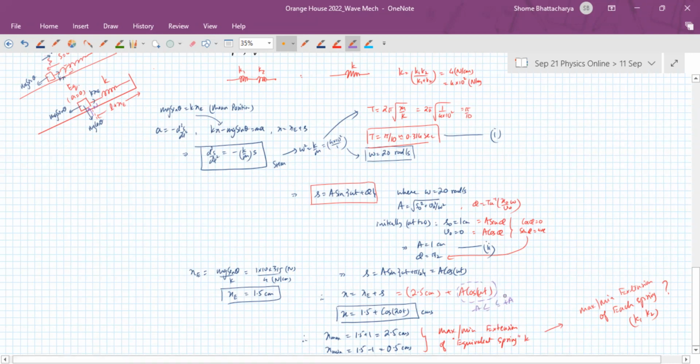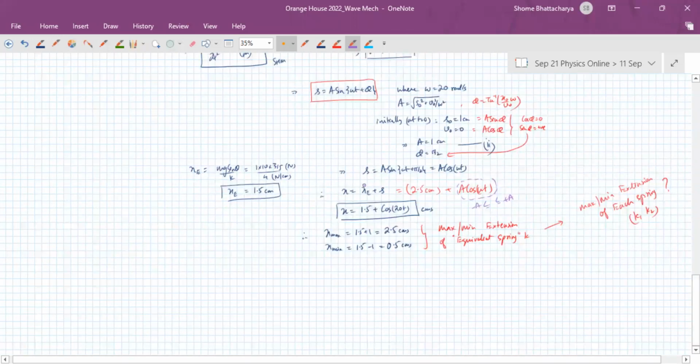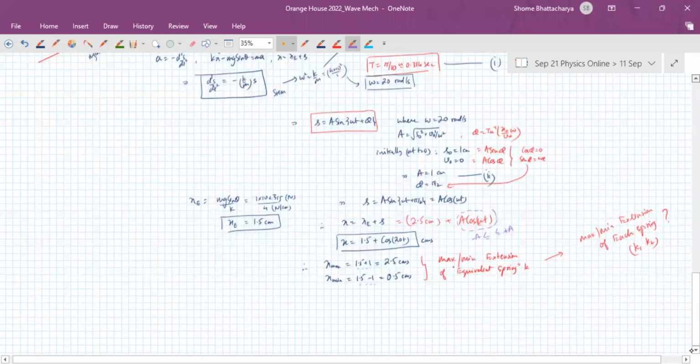Yes, because cos omega t ranges between +1 and -1. So this whole term has its maximum value when this is +1, and its minimum value when this is -1. So that's how 1.5 plus 1 is the maxima, and 1.5 minus 1 is the minimum. So this is clear, no?